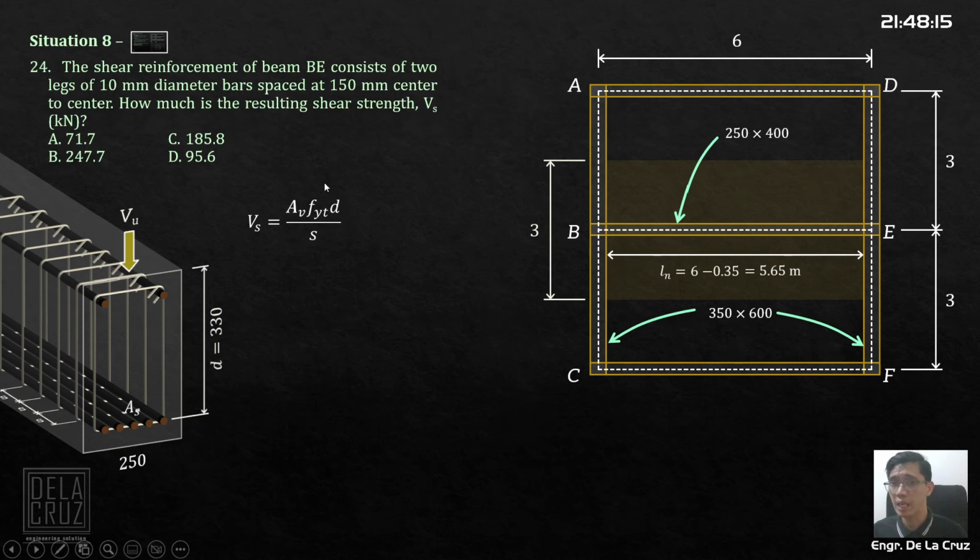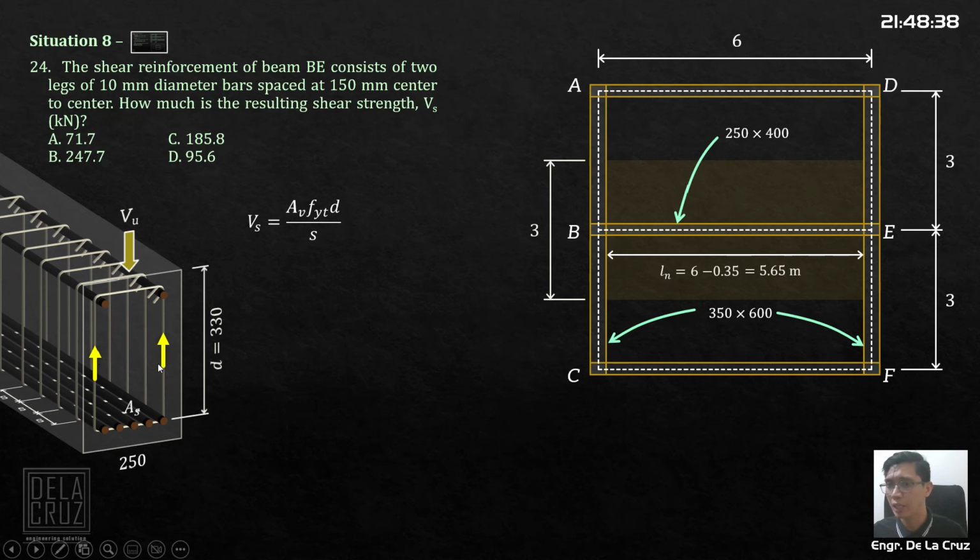So, again, sa code, ito yan. VS is AVFYT times D over S. Alright? So, ano yung ating AV? So, take note, titingnan natin for the AV, ilang ties yung mag-support sa ating load VU. Ito, dalawa. Again, kung may cross ties yan, then tatlo.